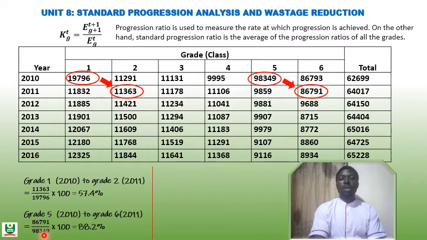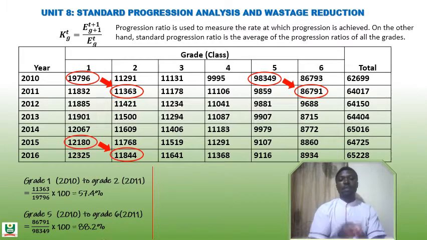Then divide it by the number of students in the previous year, that is grade 5, the previous year, 98,349. And when we multiply the result by 100, we're going to have 88.2%. That is for that.